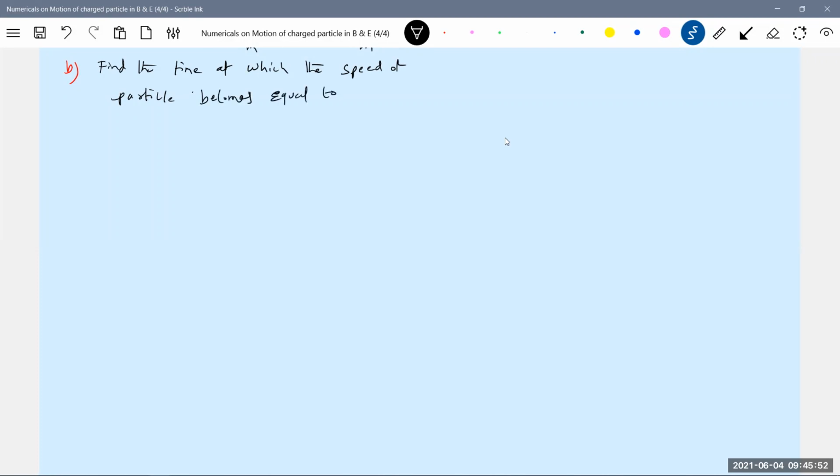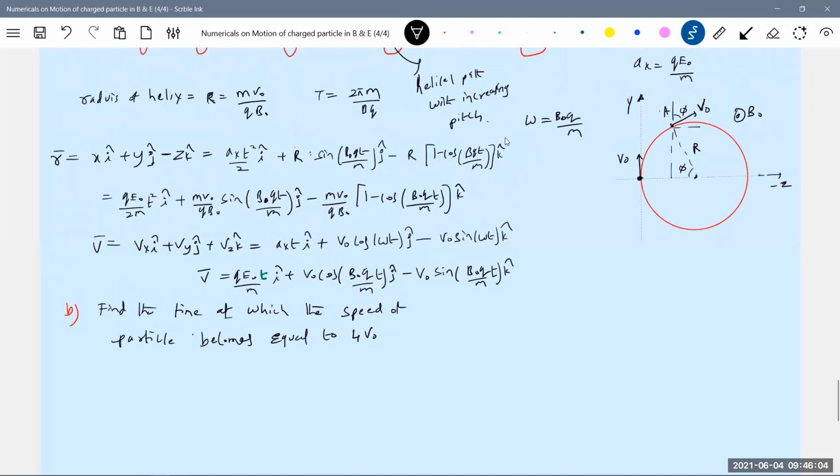Find the time at which the speed of particle becomes equal to 4v naught. Speed will continuously increase. I want that particular time. He's asking only the time.